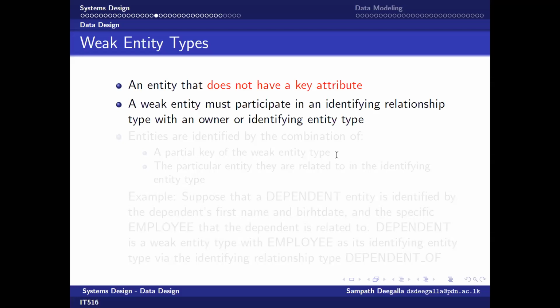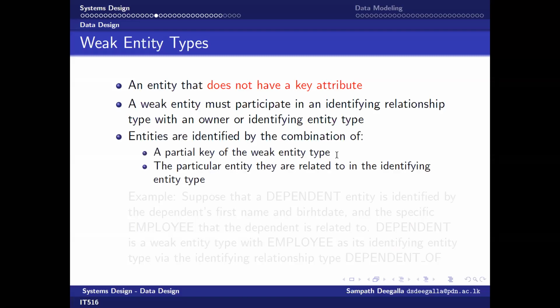In our case, dependent is a weak entity type because there's no attribute we can take as a key. So we have to identify the owner or identifying entity type, and that is employee. So the relationship between employee and dependent, we can take as the identifying relationship.